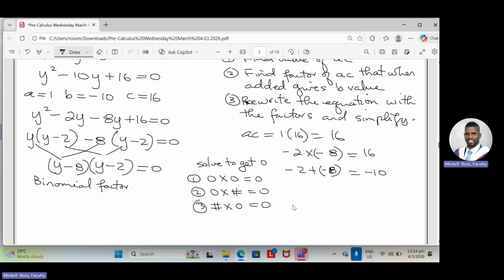Those are instances that we look at for multiplying. Notice two things that are multiplying. So we don't know which it is. So we say either y minus 8 is equal to 0 or y minus 2 is equal to 0. So y is equal to 8 or y is equal to 2.